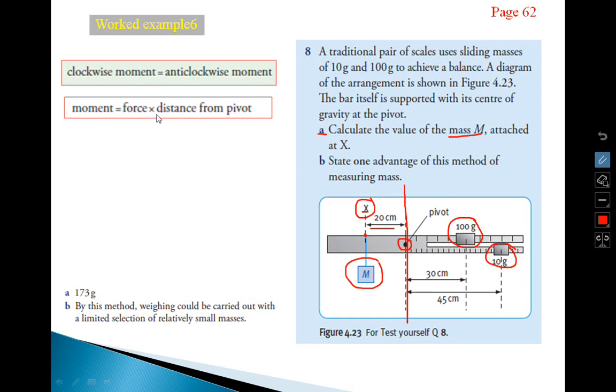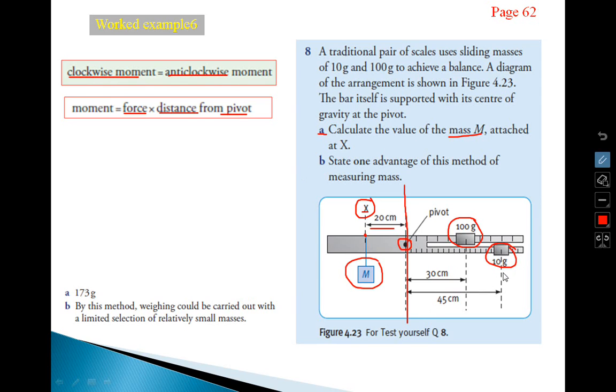So it's easy. We have two rules to apply, the same rules as in the last questions. Clockwise moment is equal to anti-clockwise moment, and the moment itself is force times distance, distance from the center of gravity or pivot. So we will find the summation of clockwise moments, and then the summation of anti-clockwise moments.